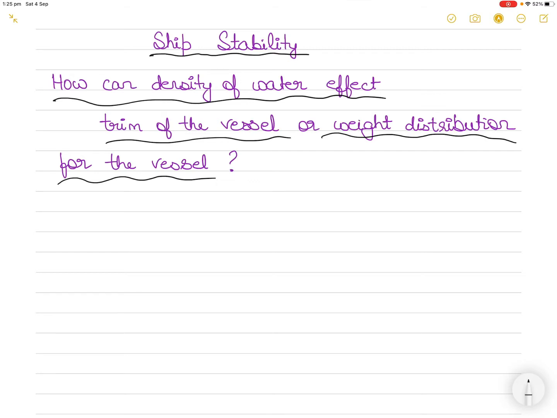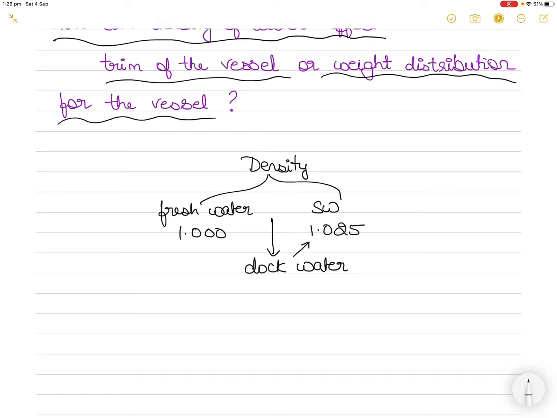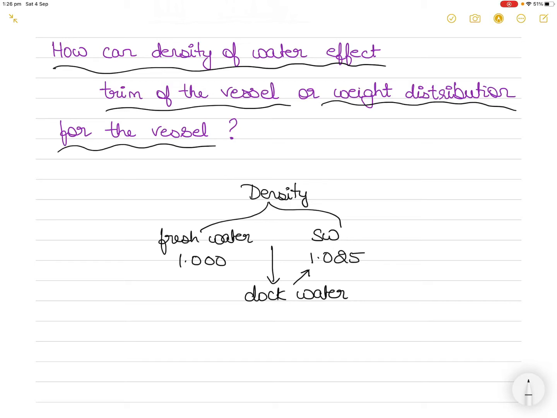Now, when I was a master, I remember one of my chief officers asked me why we are so fussed about the density of water when it comes to stability calculations, because according to him the freshwater density may be 1 and the seawater density is 1.025, but when it came to dock water density, it used to be very close to the seawater density, and he couldn't understand why there is so much fuss about finding the right density and making the calculations according to the right density if the value was so close to the seawater density, because sometimes we would get something like 1.020 or 1.019 or 1.021.